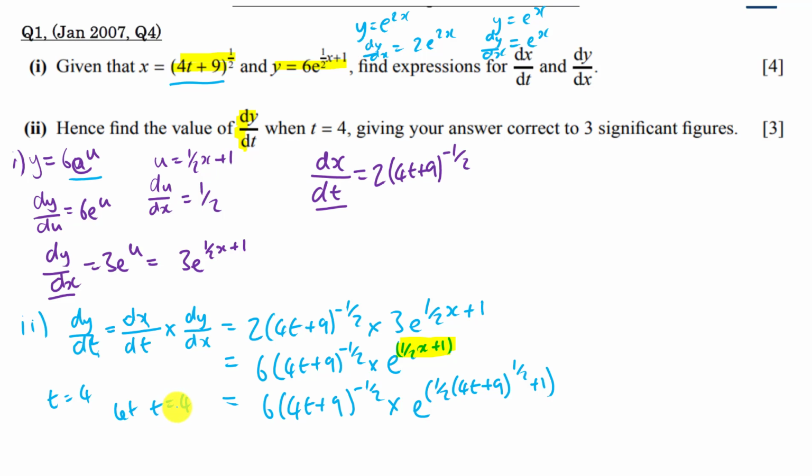And what do we get? Yeah, and actually writing that is worth an answer mark. Sub t equals 4 in, you should get 39.7.